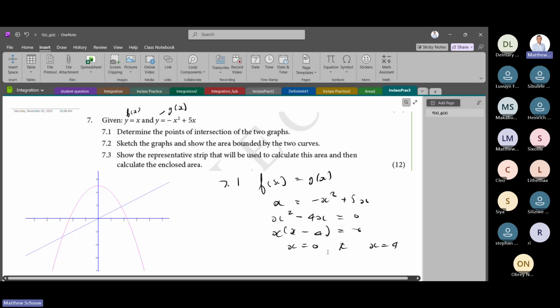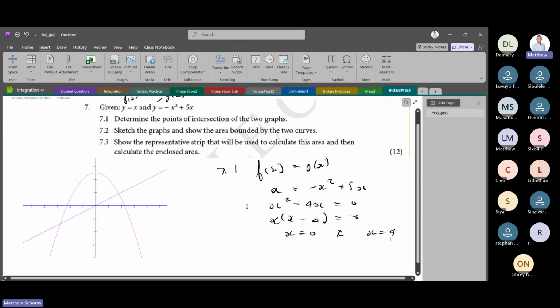X is 0. Because my intersection point should be exactly close to this. Not seeing how we're getting 0 and 4, man. Coordinate 4 is not even part of the thing. This is very suspicious. Something doesn't balance here.